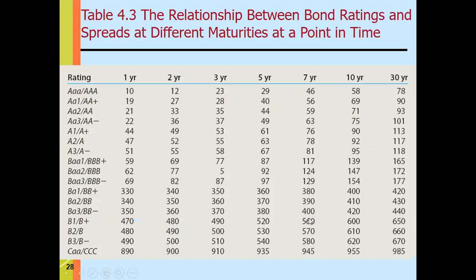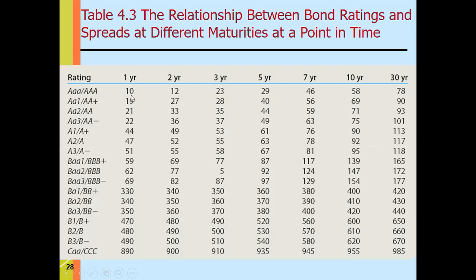Then here we have the relationship between bond ratings and spreads at different maturities at a point in time. We have the rating from the top level down to the lowest level of the rating, and we have the corresponding number of years.